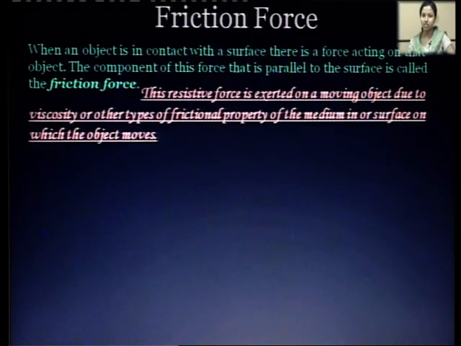So this resistive force is exerted on a moving object due to viscosity or other frictional property of the medium, like air or the surface on which the object is moving. So frictional force also depends upon the material and the medium in which the body is moving.